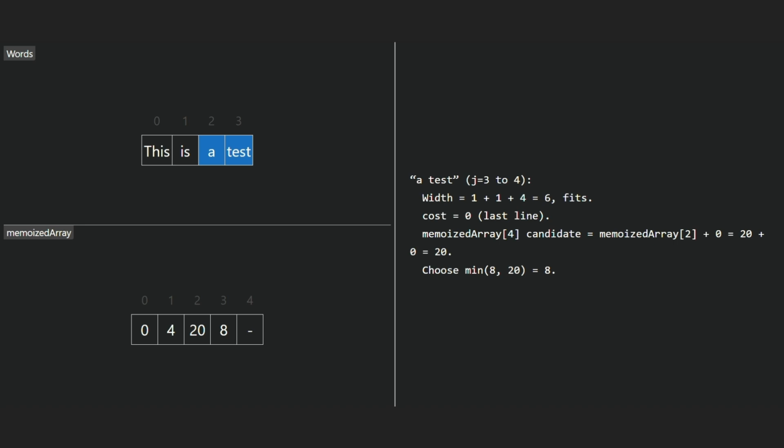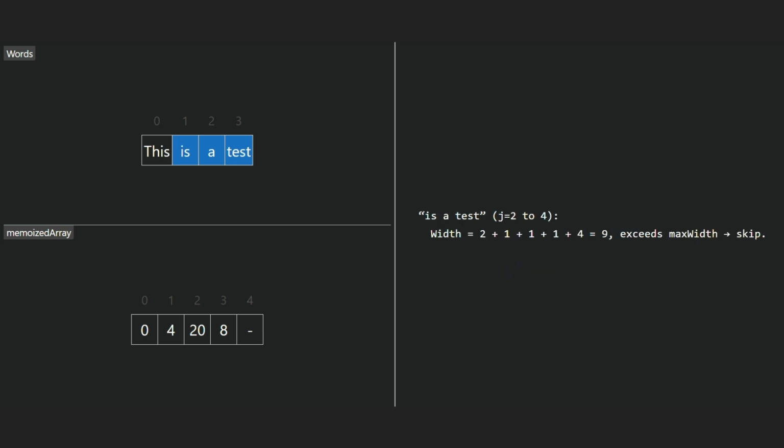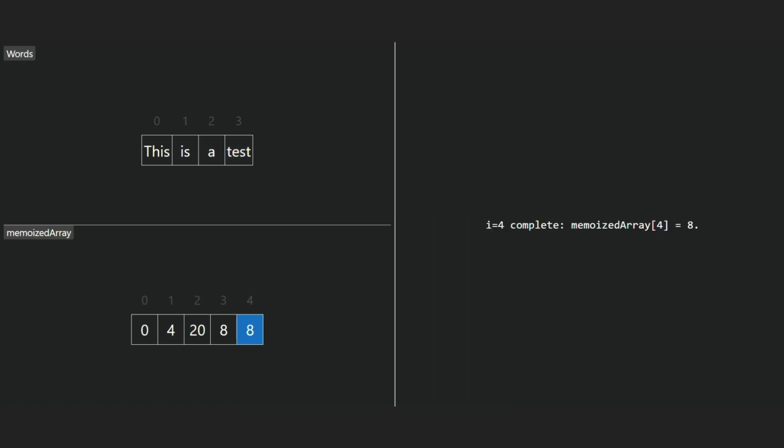That combination has length 6 exactly, so no unused spaces and 0 cost plus memoized array 2, which is 20, gives 20. We also check if "is a test" fits on one line, but the length is 9, which is too long, so it does not fit. Among the valid options 8 and 20, the smaller is 8, so memoized array 4 equals 8. The final memoized array is 0, 4, 20, 8, 8.